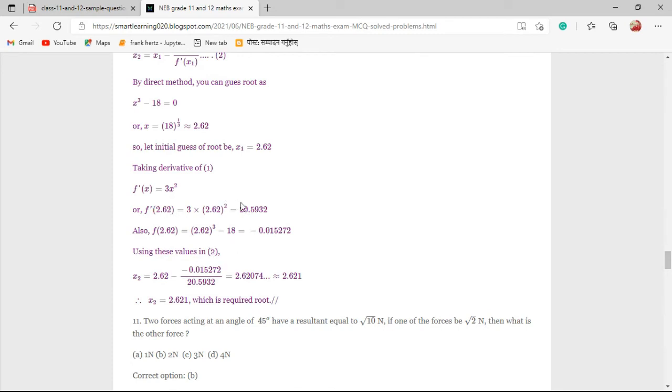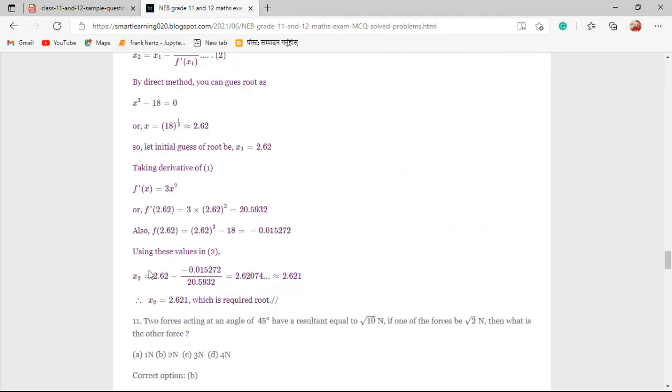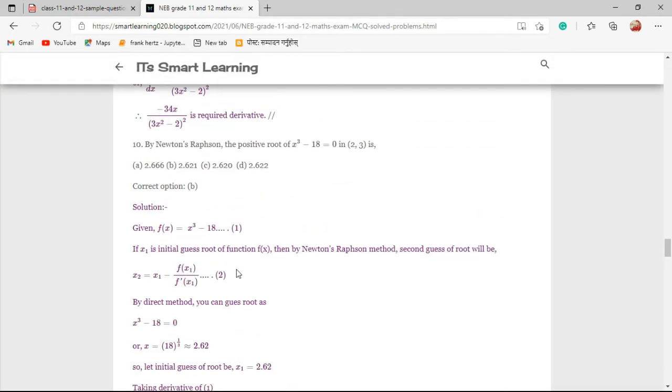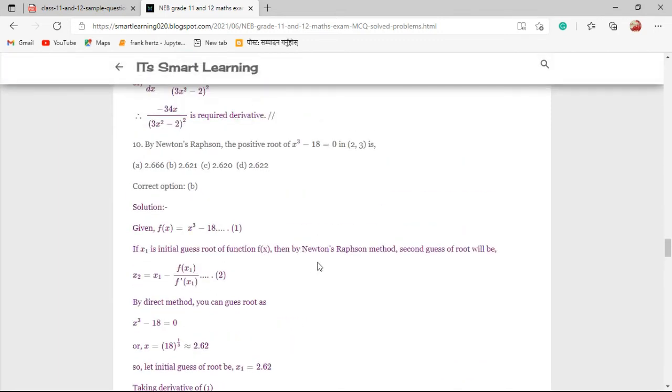Then I used these values with x1 in the Newton-Raphson formula and found x2. So x2 is 2.621, which is the required root. With this result I found B is the correct option. You can also check with your calculator. So this is the positive root of the given equation by using Newton-Raphson's method.